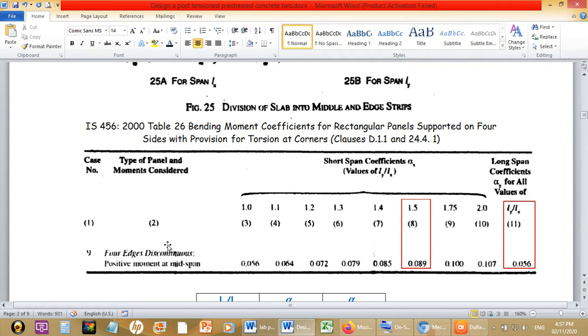So all four edges discontinuous means this is the case number 9 of table 26. And according to the span ratio Ly by Lx, we have the ratio as 1.5. For this 1.5 ratio, the value of alpha x is 0.089, and for the same span ratio, the alpha y value is 0.056.